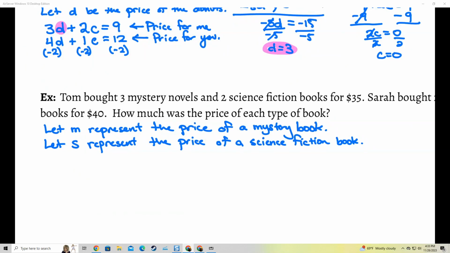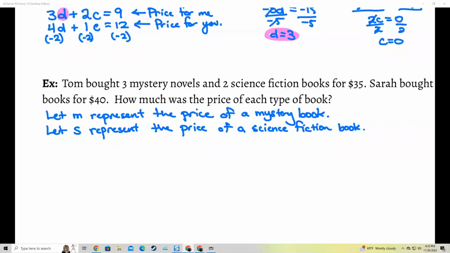All right. So now I know what my M and my variables stand for. What do I know? I know that Tom bought 3 mystery novels and 2 science fiction books for $35. So I'm going to go ahead and write that. 3 mystery books, that would be 3 M's, plus 2 science fiction books, that would be 2 S's, and the total price was $35.